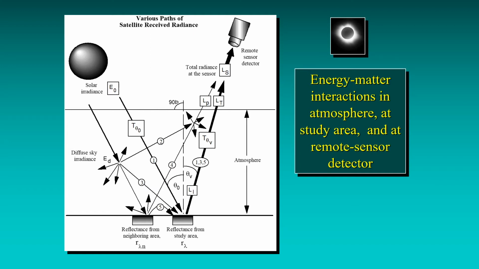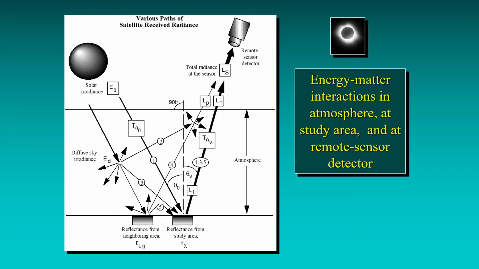But anyway, one of the points I'll make of this diagram is we'll have information from the energy that is propagating from our target, from our study area of interest, that makes its way back up to our remote sensor. And we'll also have electromagnetic radiation that will be coming from other sources. So the combination of those two data streams, if you will, or inputs of electromagnetic radiation, make up this energy quantity that makes its way up to our remote sensing detector, this quantity called the total radiance at the sensor, or L sub S. We'll define that specifically later on.